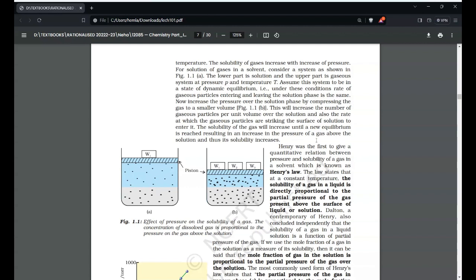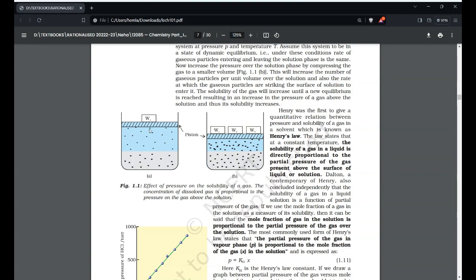So basically इस पूरे पैराग्राफ में बोला है यूजिंग दिस एग्जांपल कि प्रेशर अगर बढ़ रहा है तो गैस डिजॉल्व बढ़ रही है, सॉल्युबिलिटी बढ़ रही है, और गैस मोल्स बढ़ रहे हैं, क्वांटिटी बढ़ रही है. So basically, if you see over here, ये जो बीकर है इसमें of course the amount of gas moles per unit volume कम है because इसमें ज़्यादा area है, and when you compress this, the amount of the gas moles or the solute increases.